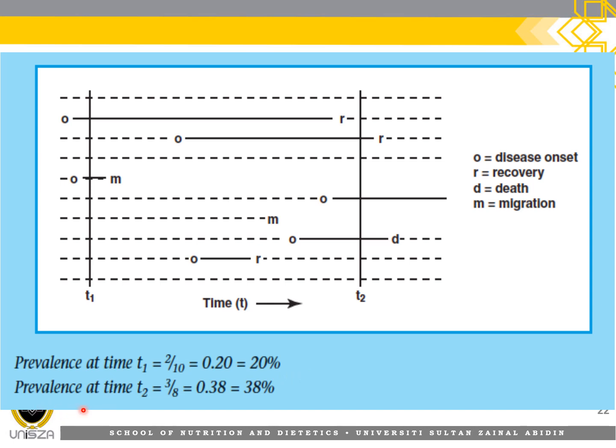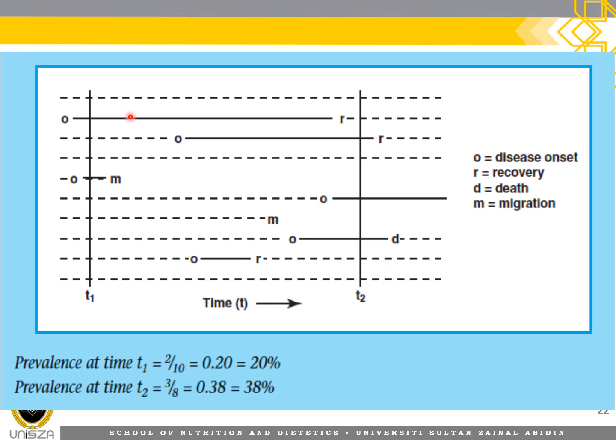How about prevalence at time T2? At T2, there are 3 persons with the disease. 1, 2, 3. And how many patients are there altogether? We have 1, 2, 3, 4, 5, 6, 7, and 8.